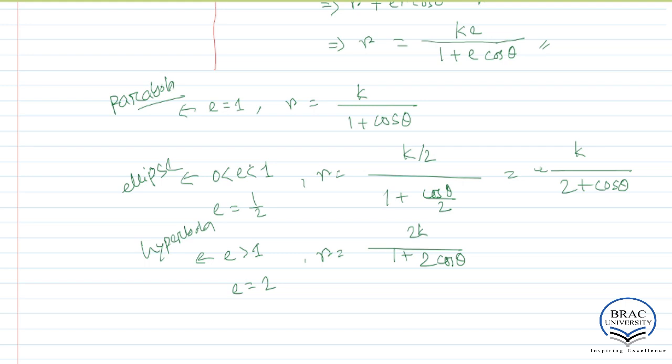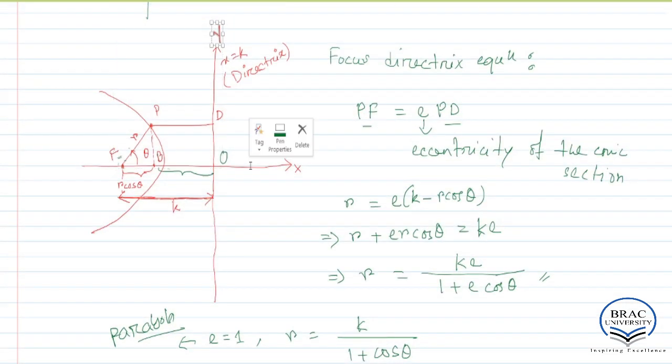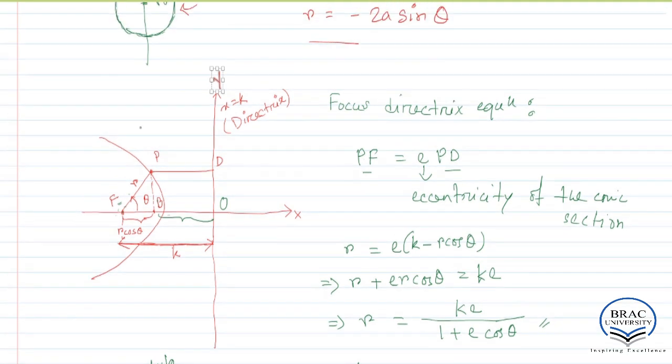Now consider the fact that we are considering a conic section for which the focus is at the origin and for which the directrix is on the right side of the conic section. It might happen that the directrix is on the left hand side. For that case you consider a conic section like this one.